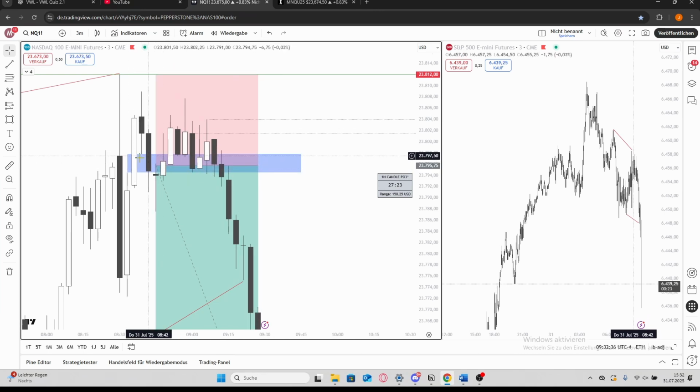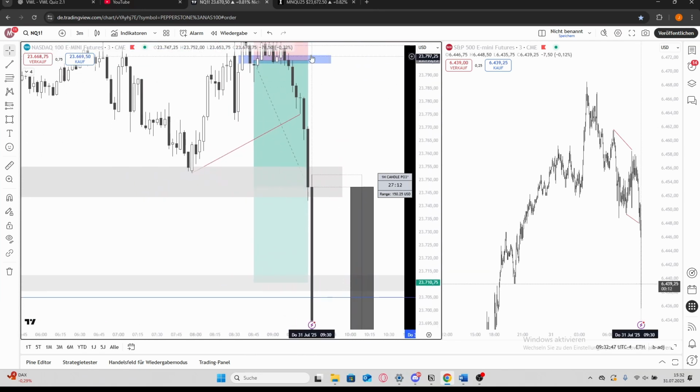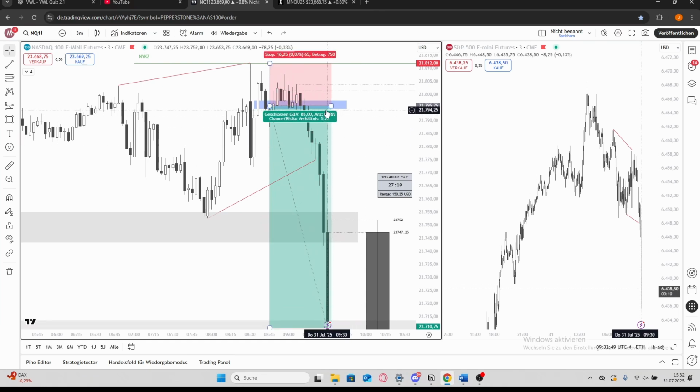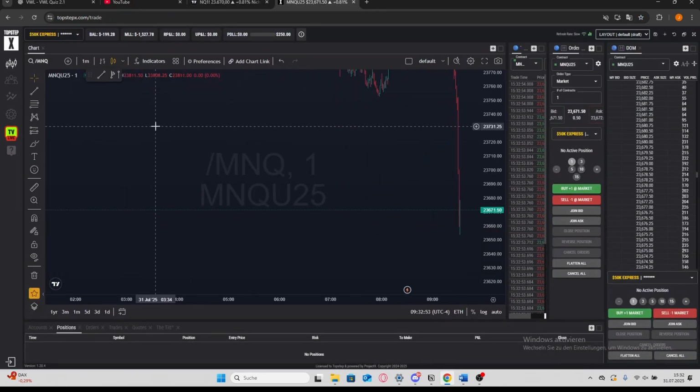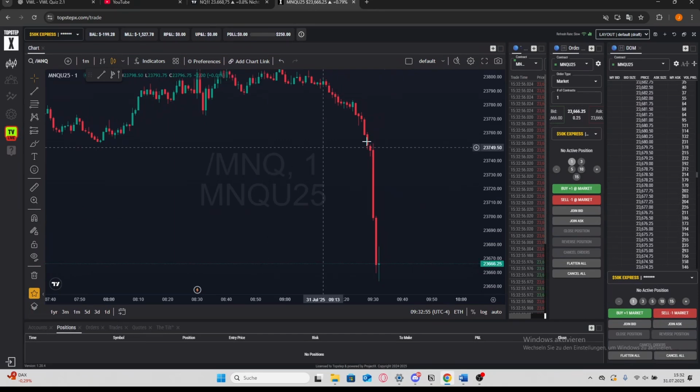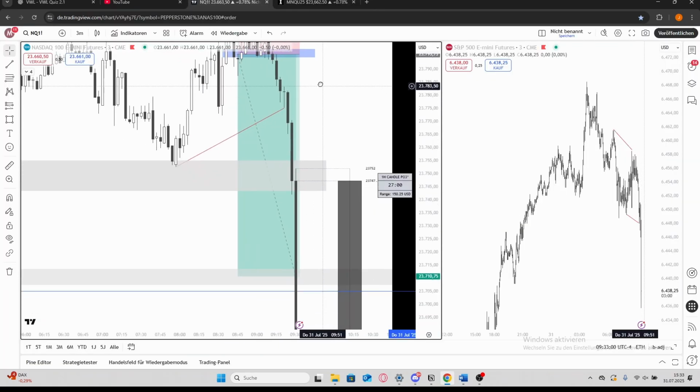We had a little gap here, and price closed below, and this was my signal to short. Stop loss above the high, and then easy. And then you can get really great runners like this. Can be really easy, to be honest.